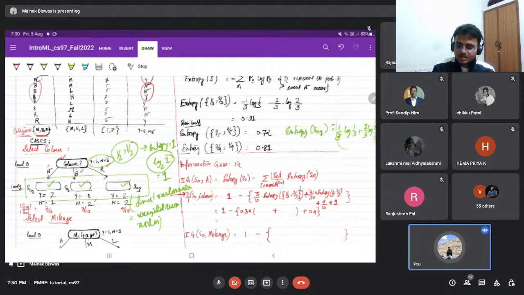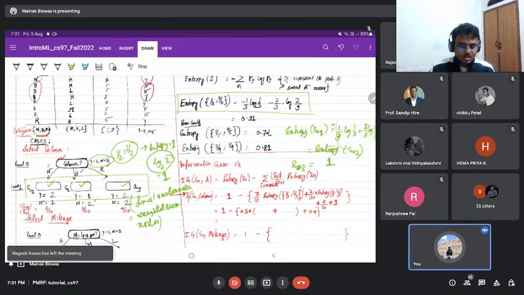Otherwise, similarly, this is also equal to the entropy of S1, and the entropy of S2 is again half and half, 2 and 2, so that's equal to 1. I have calculated this here, so you can check the calculation if required, but I don't want to spend time in calculations during the class.